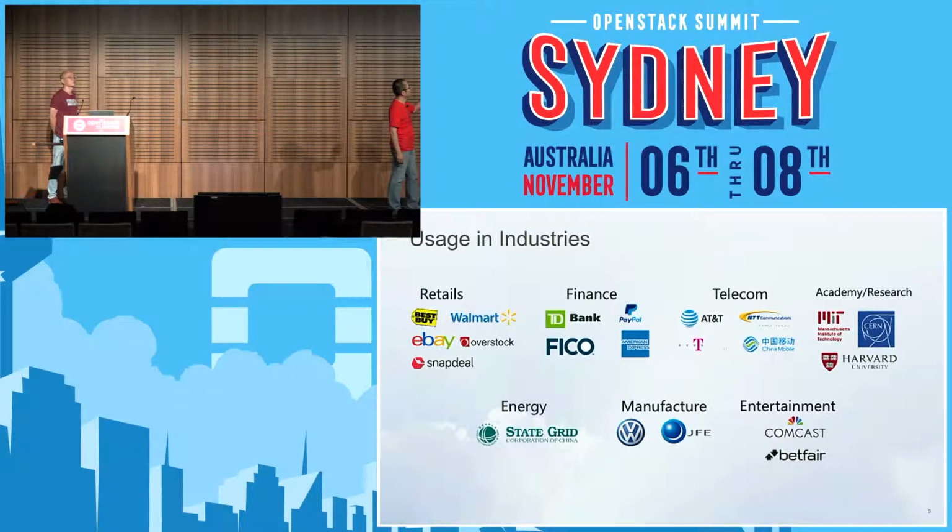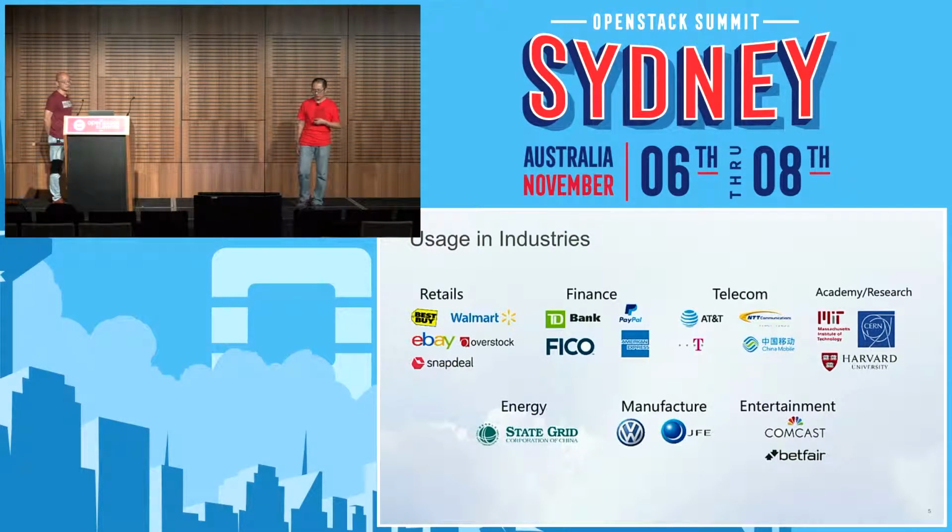In retail, we can see Walmart, eBay, etc. In finance, we have a lot of banks and government-owned departments, for example China UnionPay. In telecom, a lot of telecom companies have already introduced OpenStack in their networking setup, for example AT&T, China Mobile, etc.